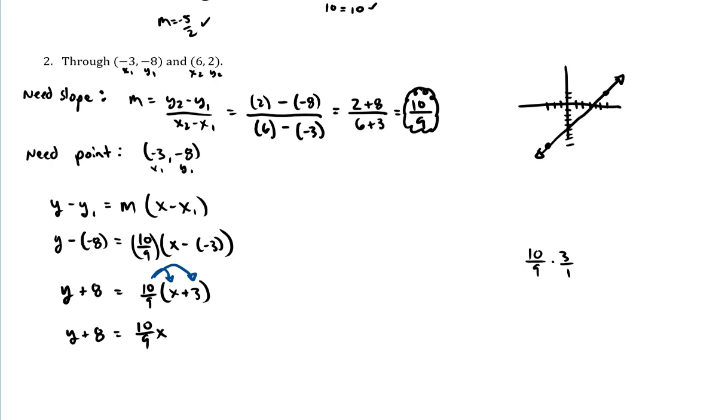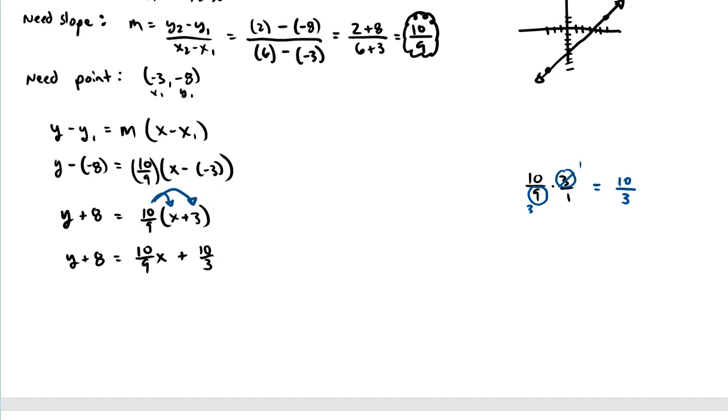Again, you could multiply straight across, but you might catch this first. 3 and 9 are each divisible by 3. So when we divide 3 and 3, we would get 1. Divide 9 by 3, we would get 3. So it really is just 10 times 1 is 10. 3 times 1 is 3. So it looks like it should be 10/3. Okay, so positive 10/9 times a positive 3 becomes positive 10/3.